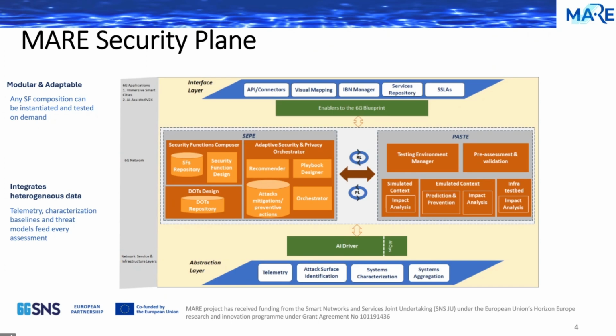It needs to integrate heterogeneous data: telemetry from a vast 6G network architecture, characterization baselines based on the network functions and network services that will be offered in the 6G network, and new and not yet known threat models. This needs to be fed into PACE and, along with the cybersecurity core, come up with a cybersecurity solution.